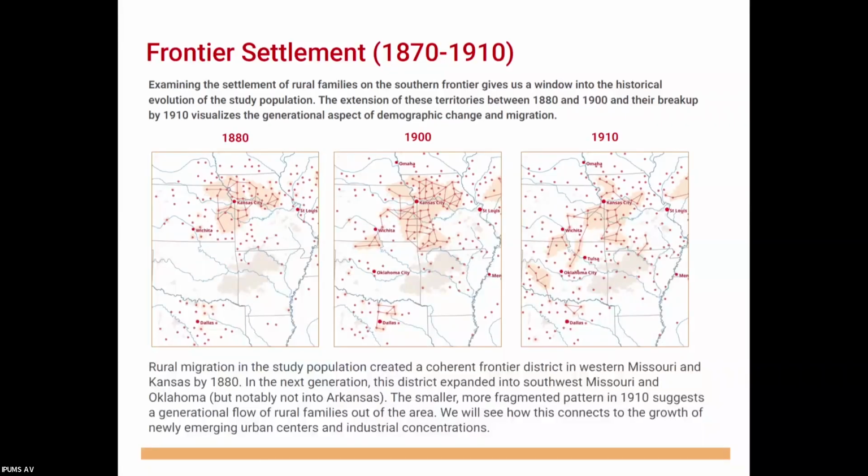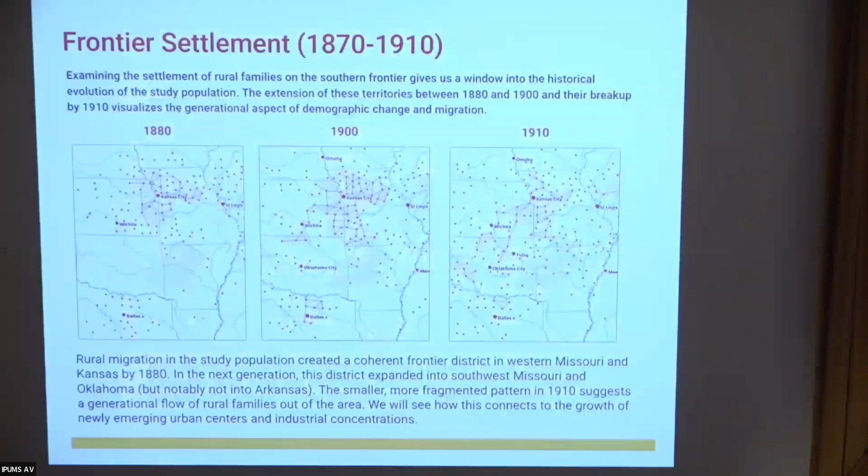So in 1880, you can see already that there has been migration that has expanded a frontier district where the Missouri River Valley settlement, as you could say, of this study population has expanded into Kansas and also into North Texas. A lot of Southerners going to Texas. It's a big place. There's room for a lot of Southerners there.